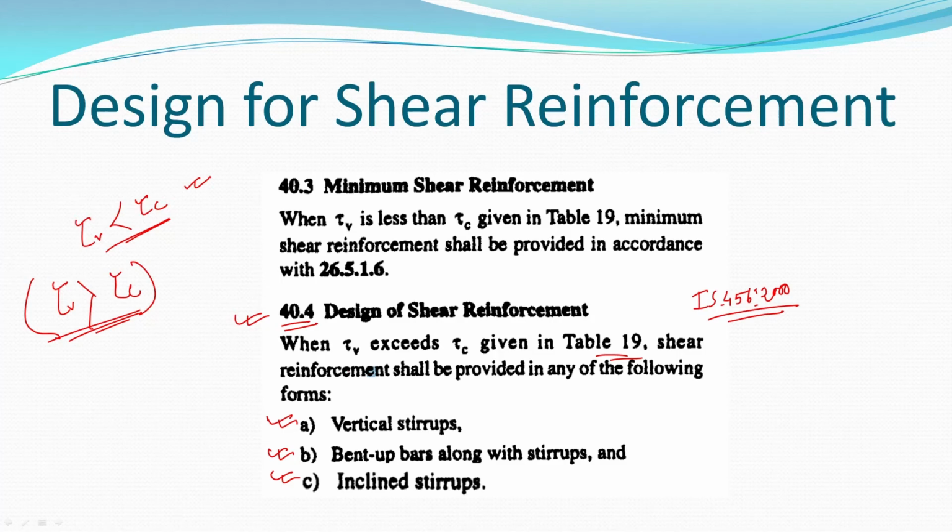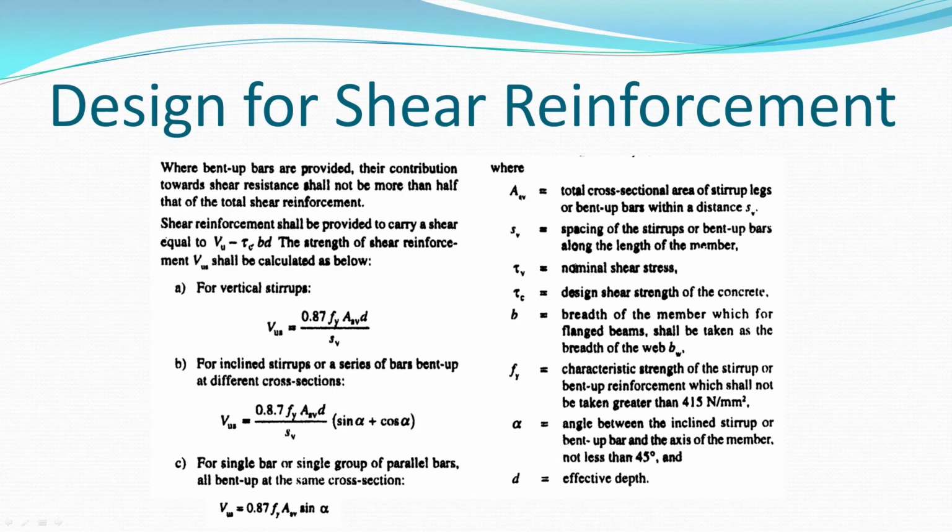So let's see. Look, shear reinforcement shall be provided to carry a shear equal to Vu minus tau c into bd. Okay, each term you already know: tau c is the design shear stress, b is the breadth, d is the effective depth, and Vu is the shear force, right?